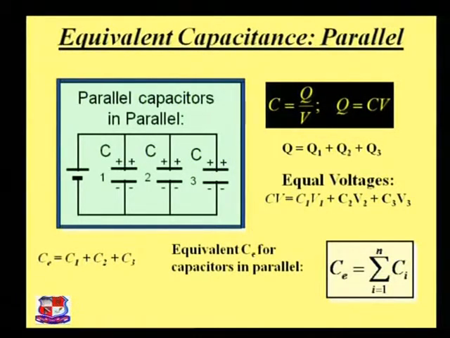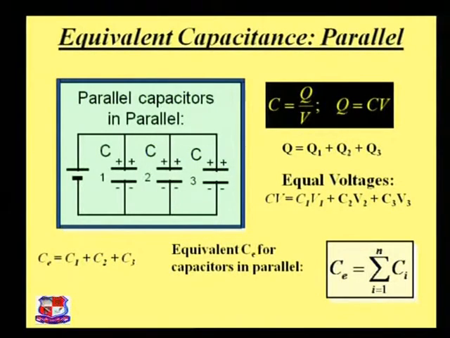We see that Q equals Q1 plus Q2 plus Q3. Now Q equals CV, so Q1 equals C1 V1, Q2 equals C2 V2 and Q3 equals C3 V3. But all the voltages are the same, so we can remove the voltage from the equation and get C equals C1 plus C2 plus C3.